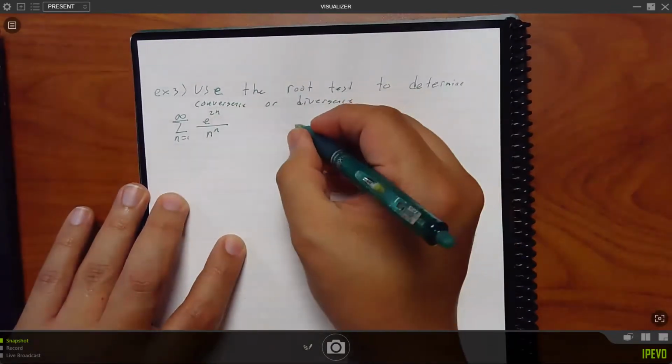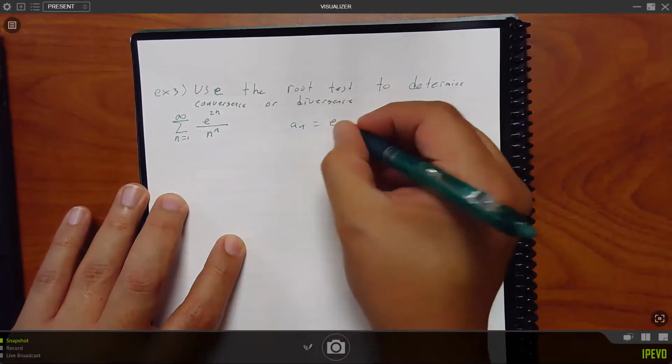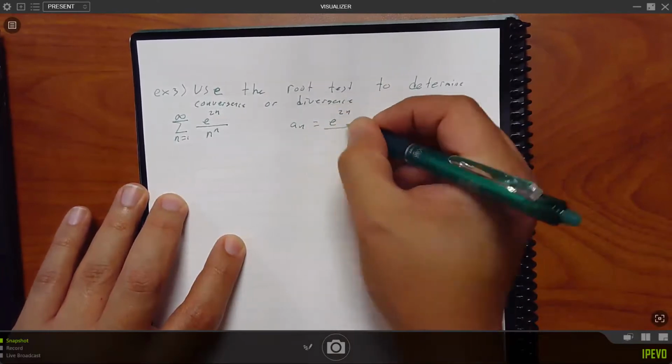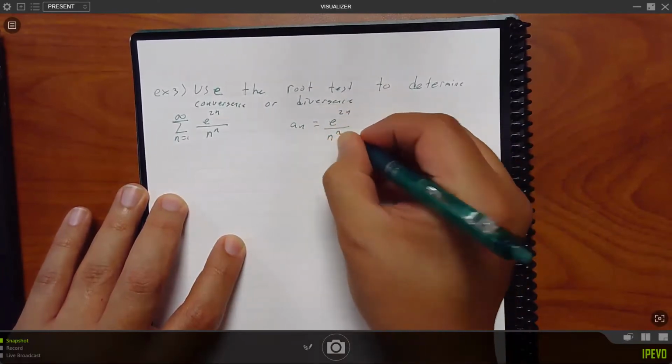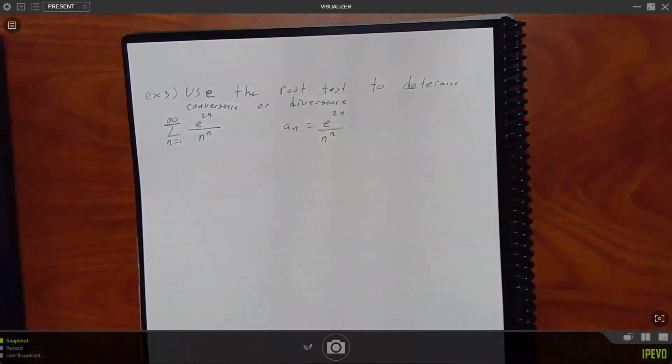So a_n is just this piece, right? Sequence. That is n to the n, by the way. Now it looks weird.